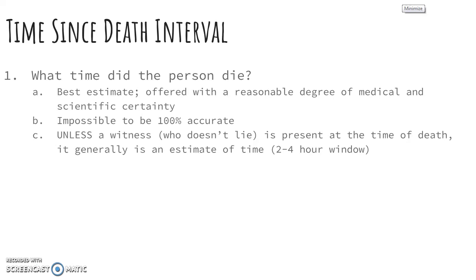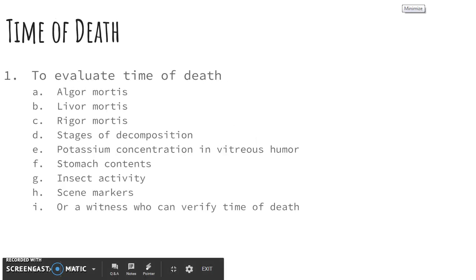So it's impossible to be 100% accurate unless you have a witness that is present at the time of death, and that witness isn't a liar or isn't involved in trying to cover something up. If they're honest, that would be the only way to tell that the person died at an exact time. Otherwise, we generally estimate it as a time frame of 2 to 4 hours.